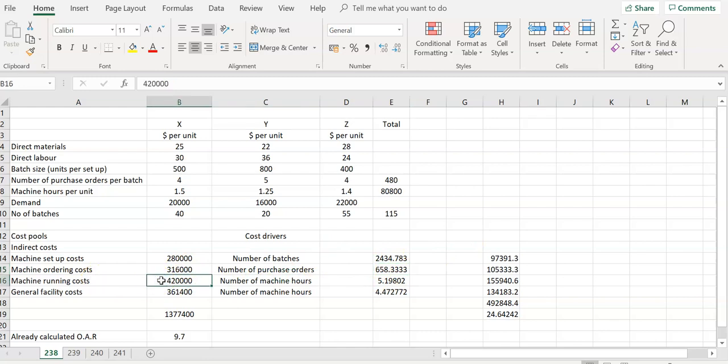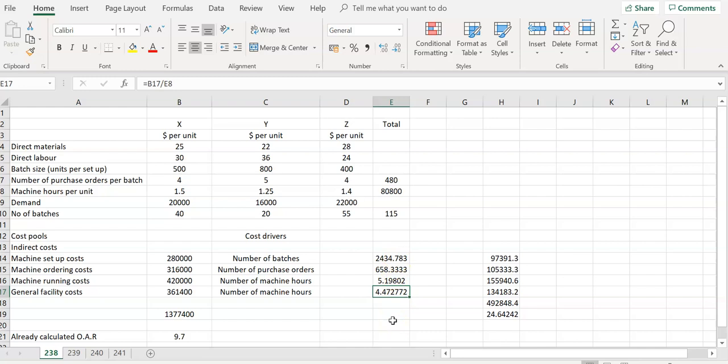And then I have the machine running cost, but I'm told this time this is based on machine hours. So I've got the total number of machine hours. So again, you see what I'm doing is dividing this cost by the machine hours, exactly the same thing. You see, and so now I have the base to work with. That's kind of the key issue here.